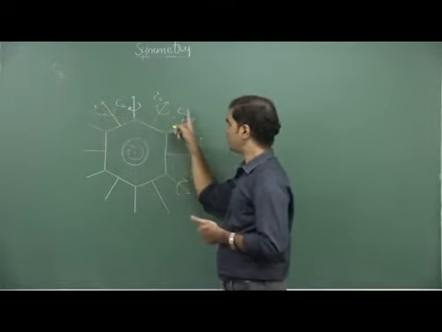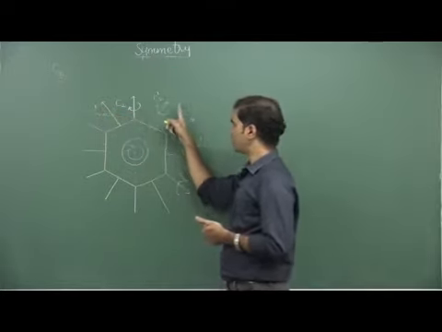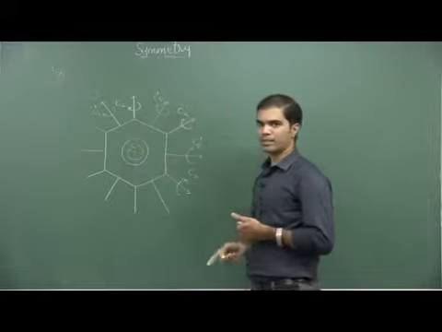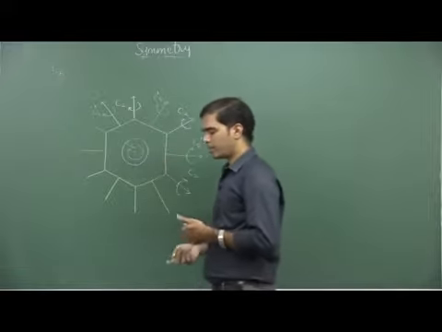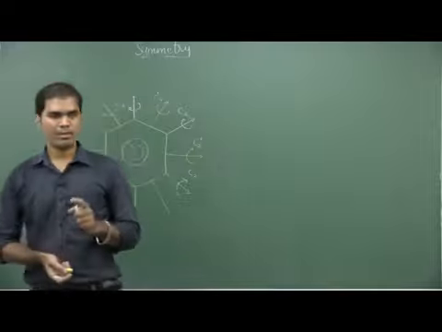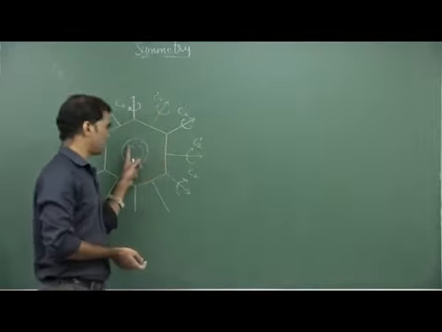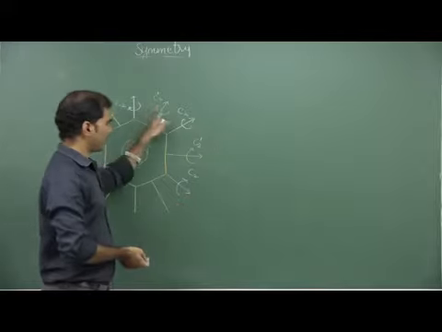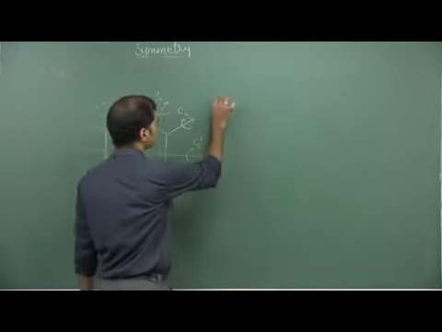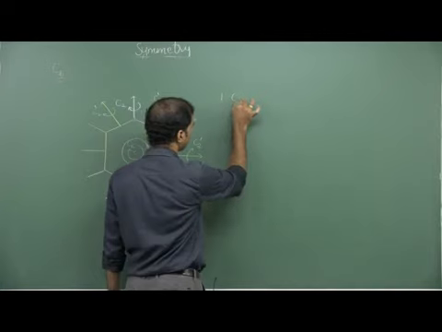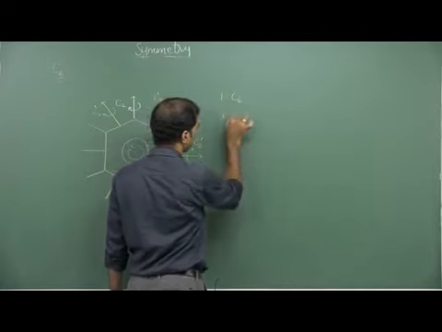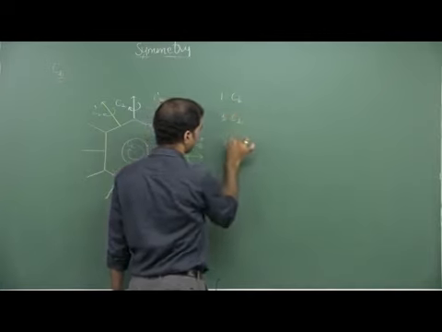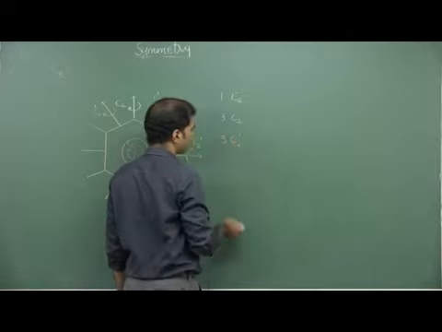We have 3 C2s, 3 C2 primes and a C6. So altogether there are 7 rotational axes. The higher fold one is a C6. This is considered to be the principal axis. All these are considered to be subsidiary or secondary. So we have 1 C6, 3 C2s and 3 C2 primes.